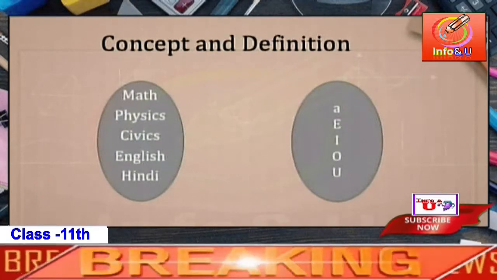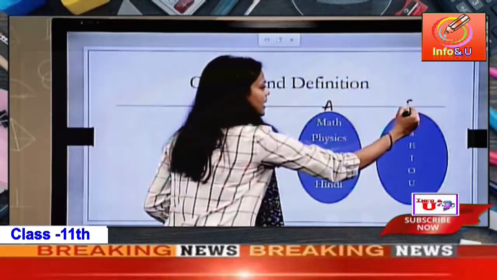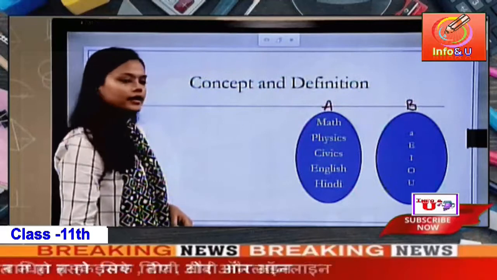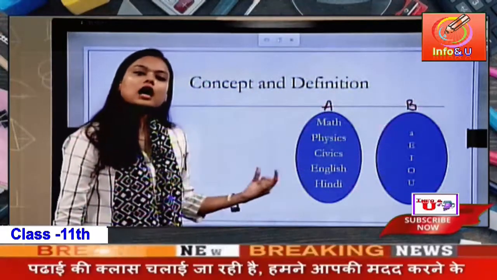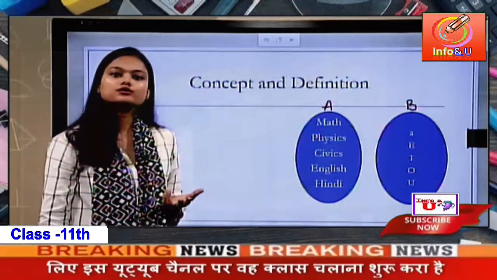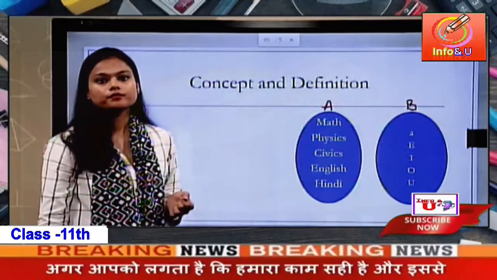These are two sets. Let me name them A and B. Okay? And if I ask you to find the Cartesian product of these two sets, it is easy. What you are going to do? You will find all ordered pairs.